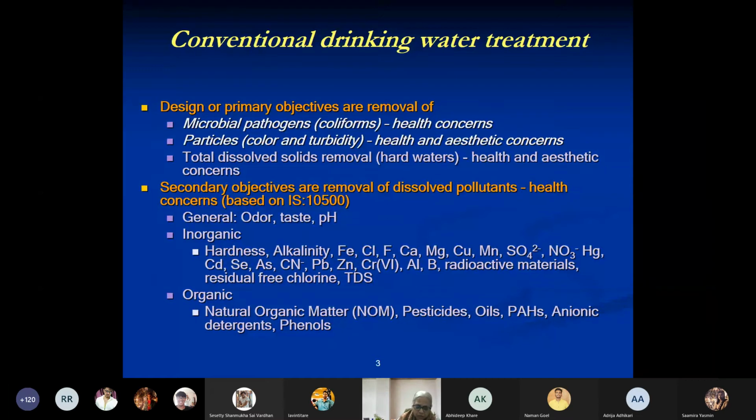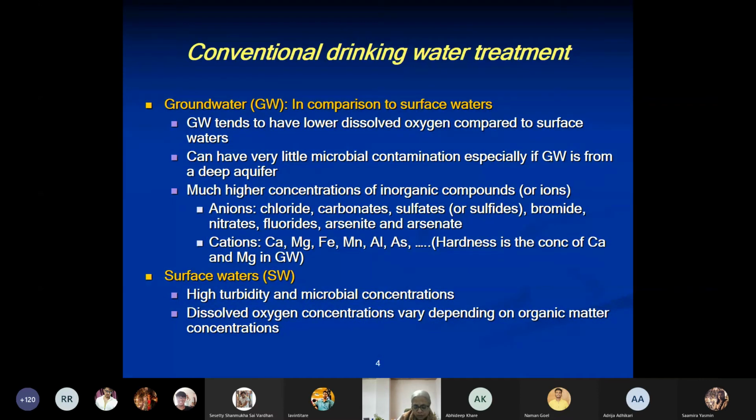These are of both natural as well as anthropogenic origin. Detergents and phenols are generally anthropogenic, but there may be some natural phenols, yes.